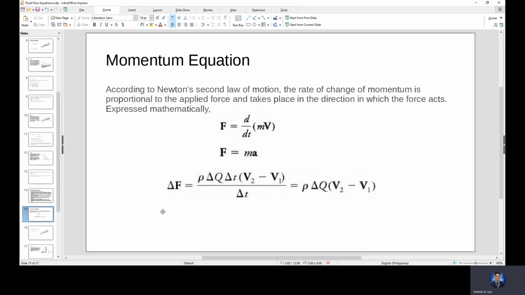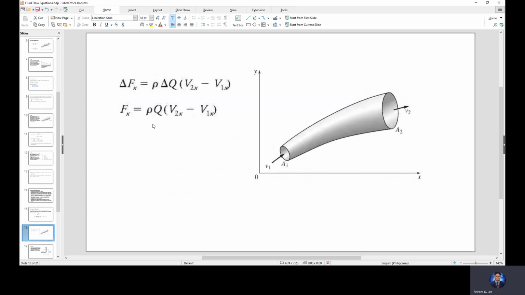If we integrate this, the delta disappears, the rate of change of Q and of F, so it becomes F equals rho Q times V2 minus V1. In many applications, we need the X and Y components, so we'll just break it into these components.